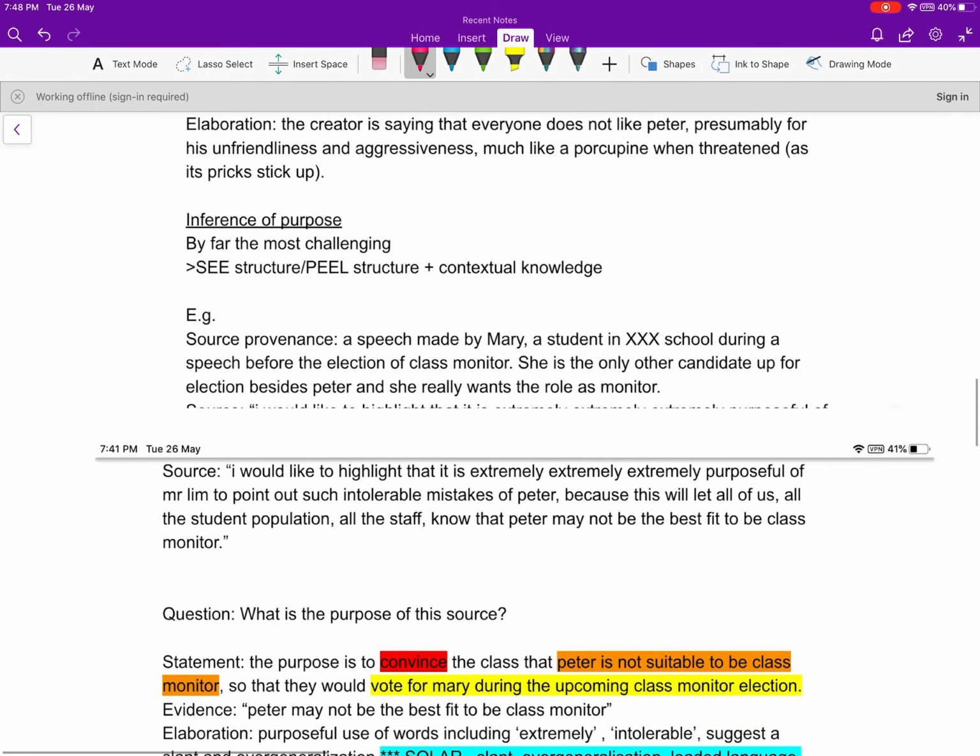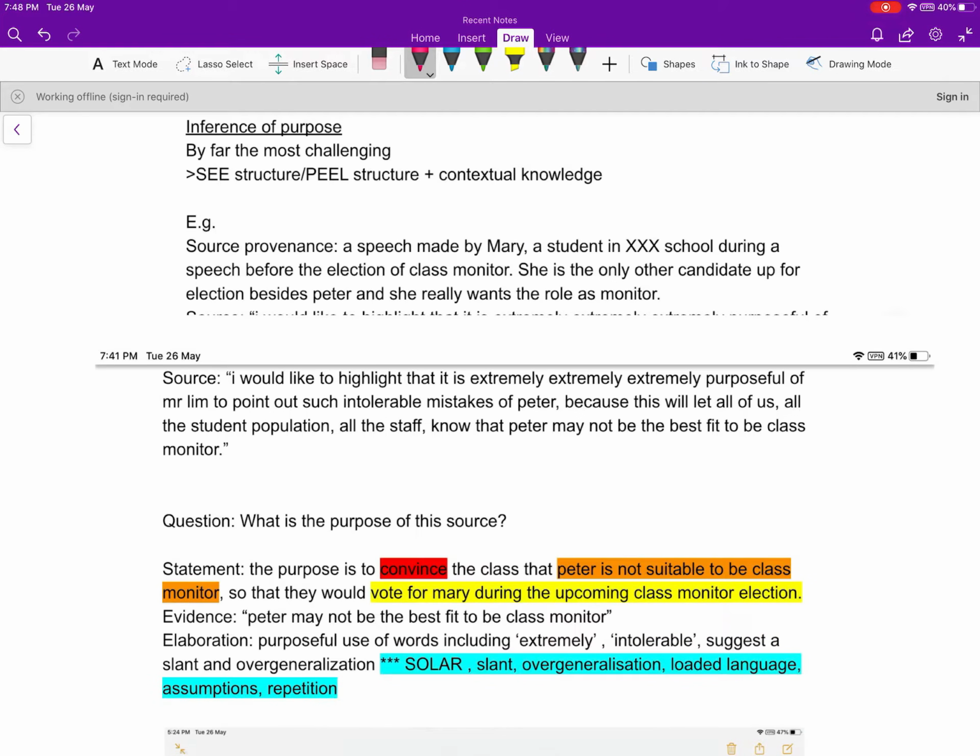Yep. Next, inference of purpose is by far the most challenging, because I think we only get to it in Sec 2. So this is how it goes. So for example, if let's say it's a speech made by Mary, a student in XXX school, during a speech before the election of class monitor.